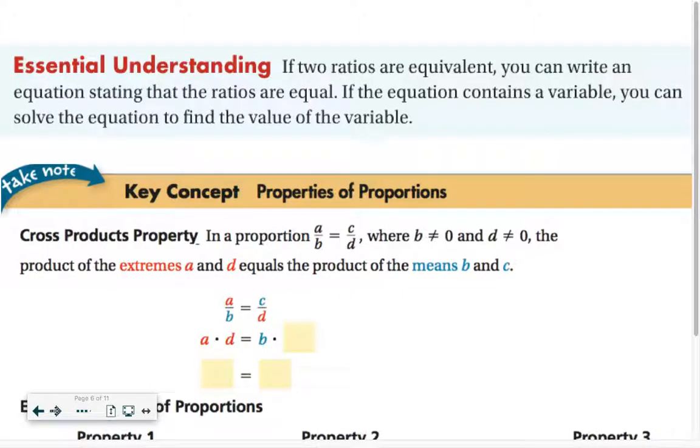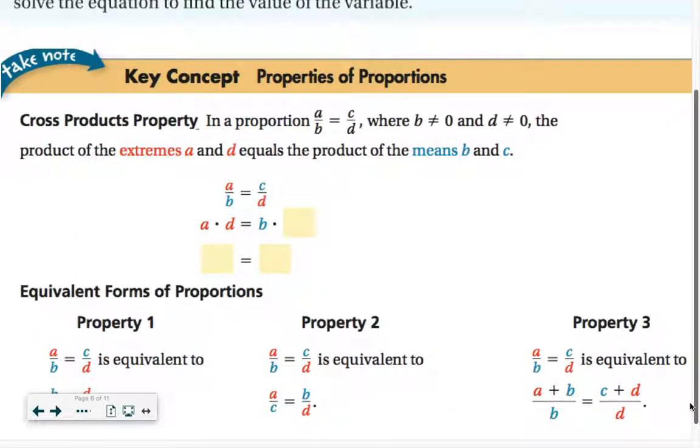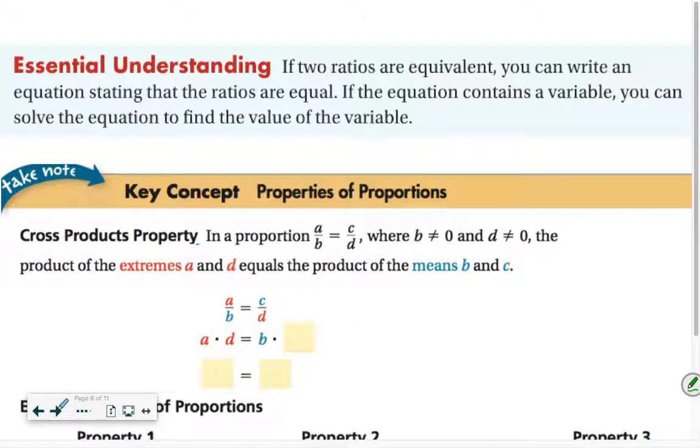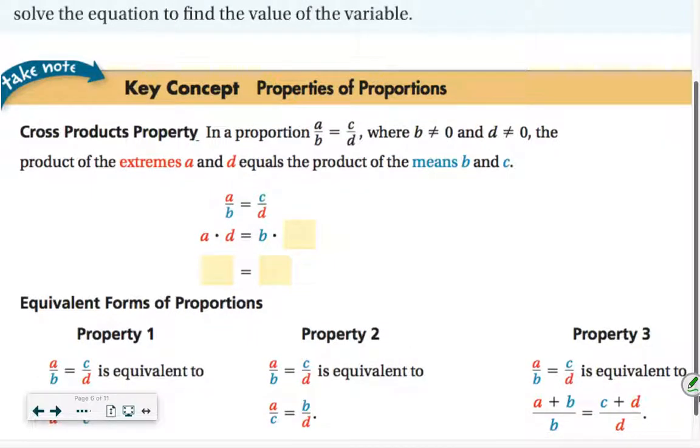Alright, this next thing, have you guys ever talked about cross multiplying? Yes. So this isn't new? No. You don't have to do it that way. When your numbers aren't nice, like back here, we could simplify this fraction, or we knew a number that went into both of them. If you don't know, or you have like 1.5, we cross multiply.